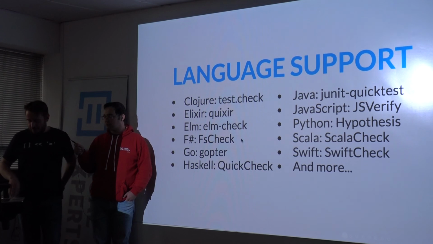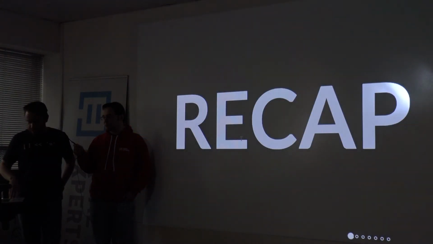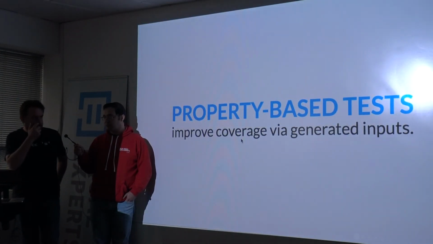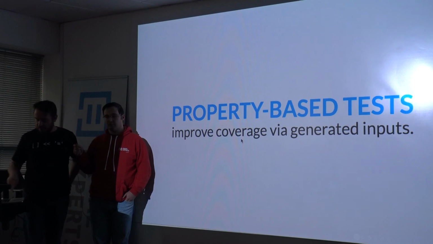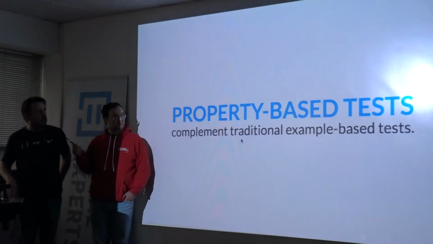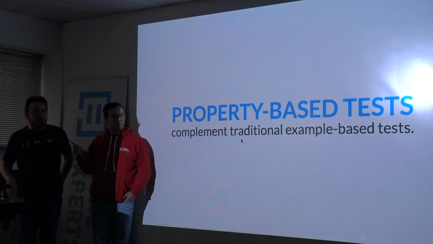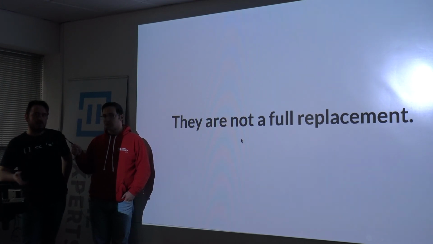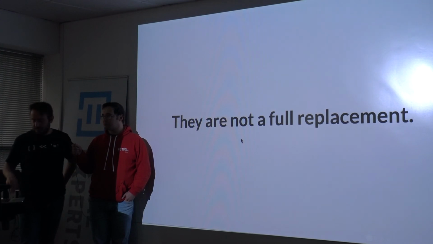Anyway, pretty good support. And the thing is, you can use this combined with your tests. This improves coverage because you can generate any number of inputs. It's not meant to replace example-based tests, not only because it's harder to get 100% coverage using property-based testing, but also because there's a performance impact if you're running 100 tests for every test that you used to have as an example-based one.